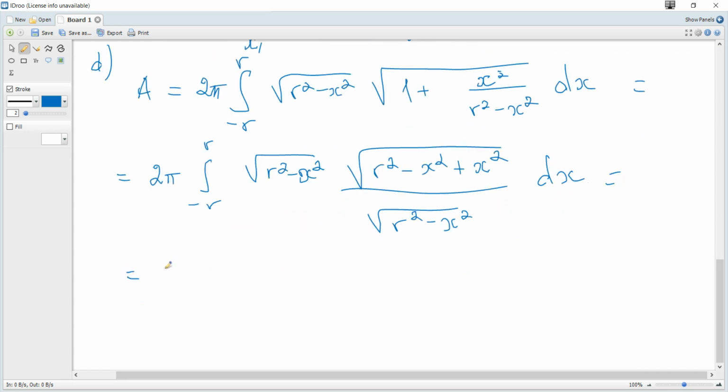and it becomes 2 pi integral from negative r to r of square root of r squared. In general it's r in absolute value, but r is positive, so we just have r dx.